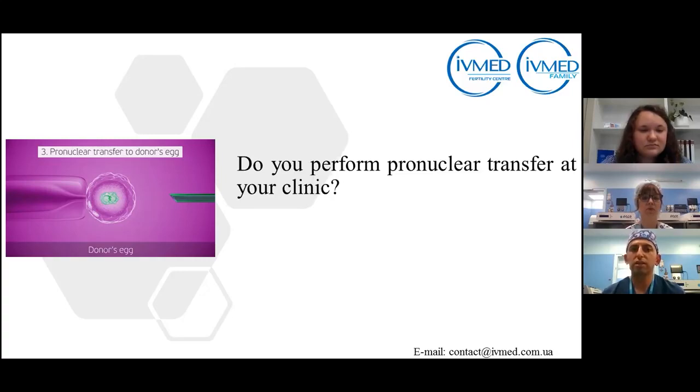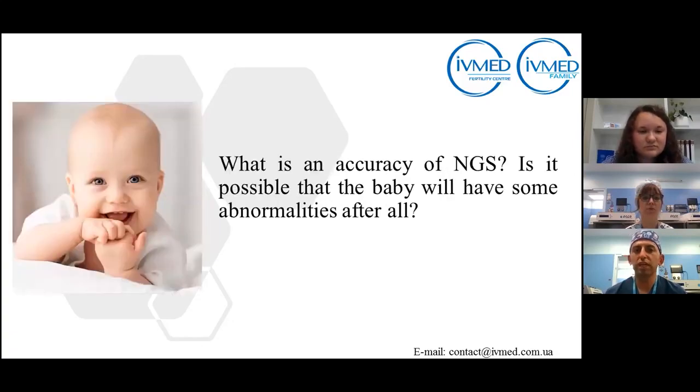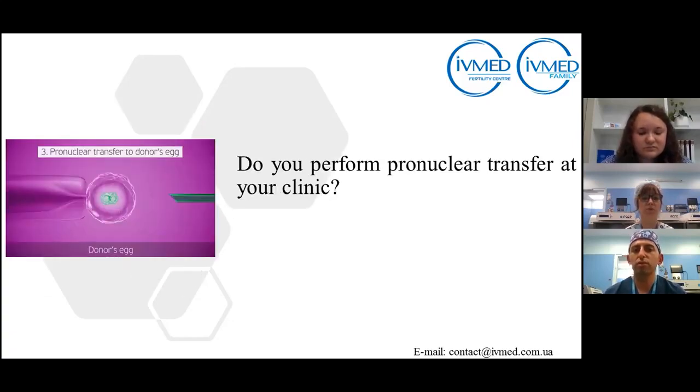There is almost a low chance to get pregnant from natural conception or IVF, but pronuclear transfer gives them a chance to have their own genetic material. They should know that only 1% of donor genetic material will be carried as mitochondrial DNA, so mostly they will carry 99% of their own genetic material.